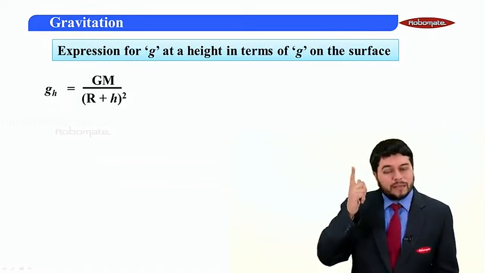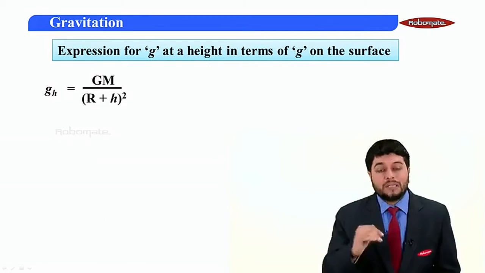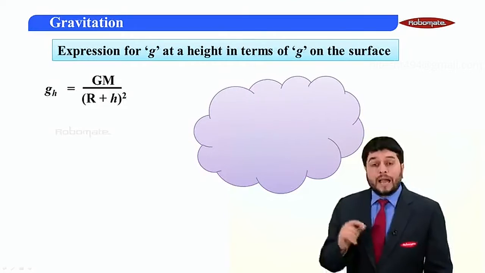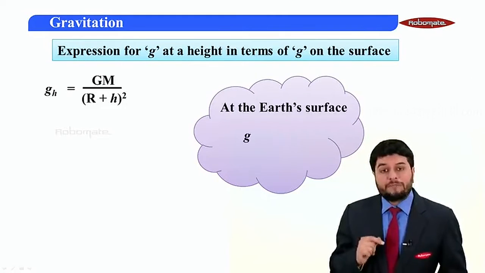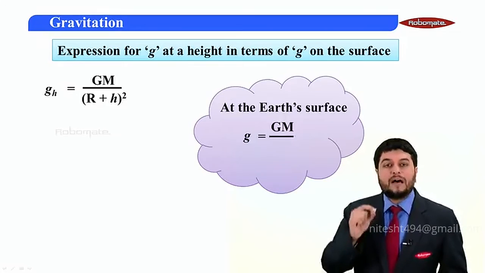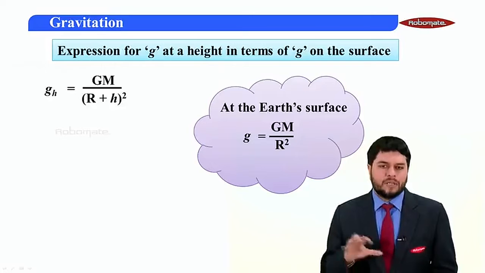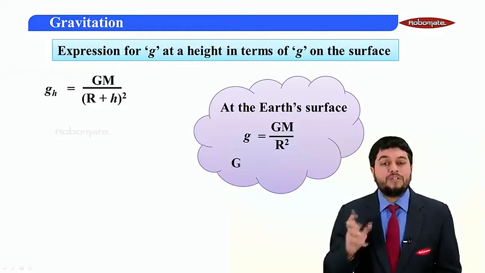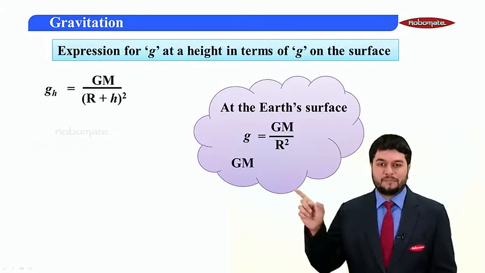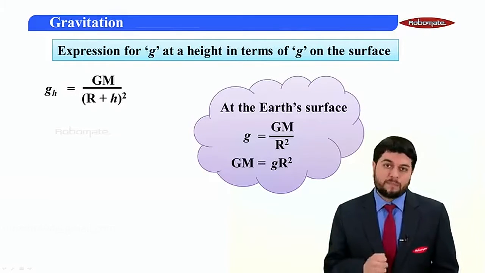So let's get back and recall the formula for acceleration due to gravity on the surface. You know, acceleration due to gravity on the surface, that is small g, is given as GM upon R square, right, on the surface. Now here, if I find out capital GM from this, I get GM will be equal to gR square.